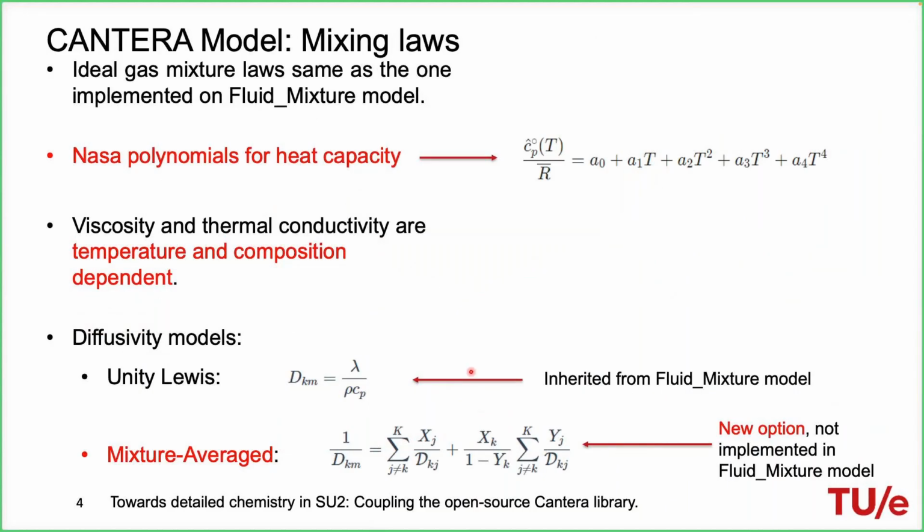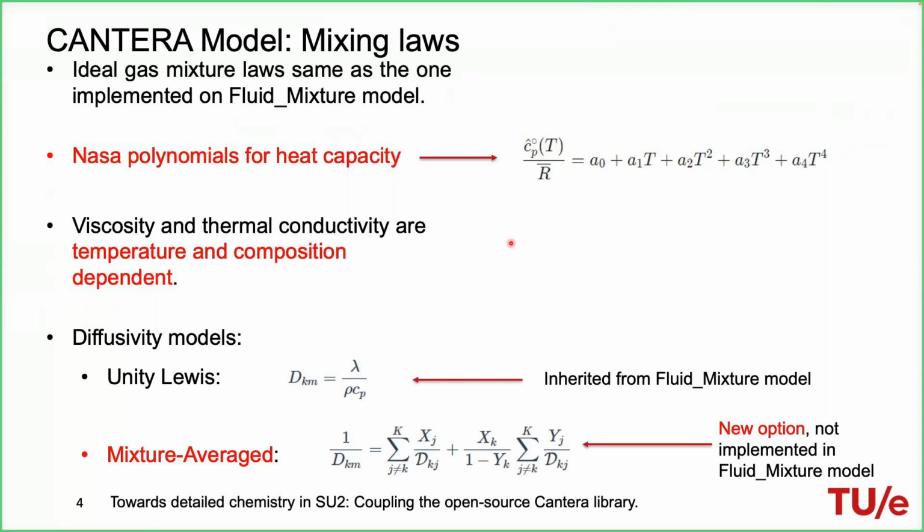So what is the Cantera model? Well, Cantera uses the ideal gas mixture laws, the same as we use in the already implemented fluid model in SU2. However, from Cantera, we can get the NASA polynomial for heat capacity and get this heat capacity in this way. We can also retrieve the information for viscosity and thermal conductivity, which are temperature and composition dependent.